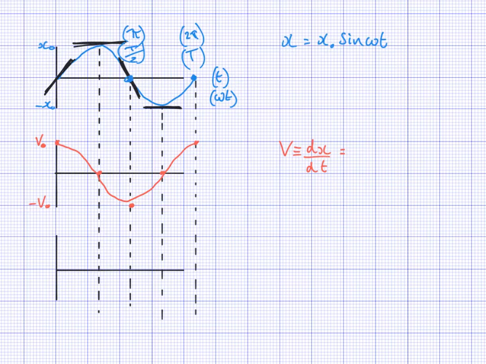Okay, so what does that look like from a calculus perspective? Well, what we're doing here is taking the derivative with respect to x. Well, x is this formula here, so I can basically just plug this in. x naught sine omega t, and that's all going to be over with respect to t.